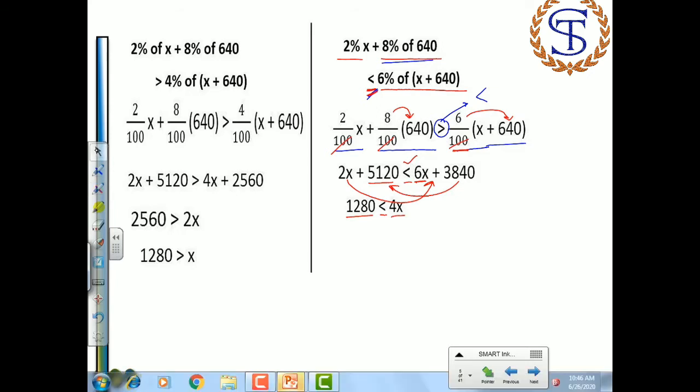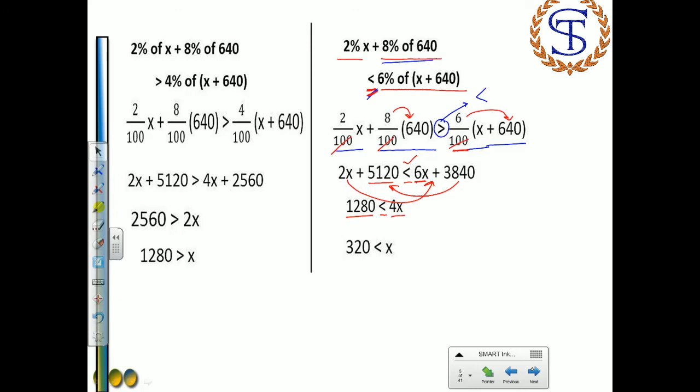Then again on simplification, it is 320. How does it come? It's very simple: 1280 upon 4, the 4 cancels out, and the value is 320, so x is greater than 320.